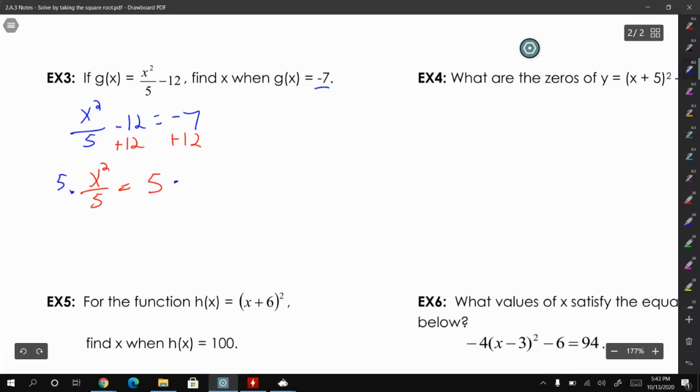Multiply both sides by 5. And we get x squared equals 25. So we just have x squared by itself, so we can take the square root of both sides. That gets rid of the square, and we get x equals plus or minus 5. And that is our answer.